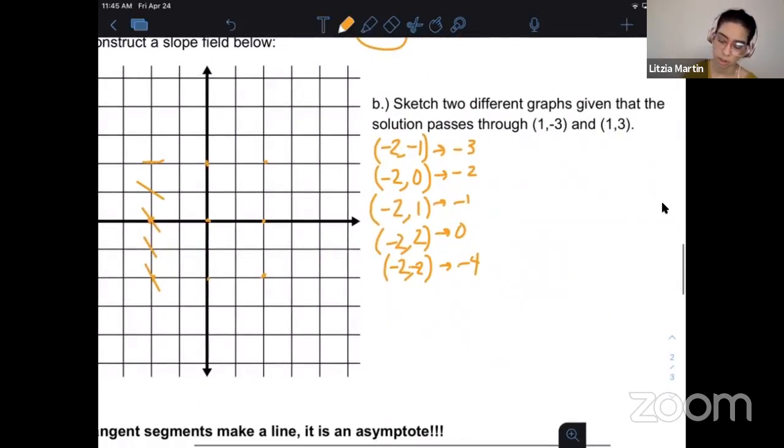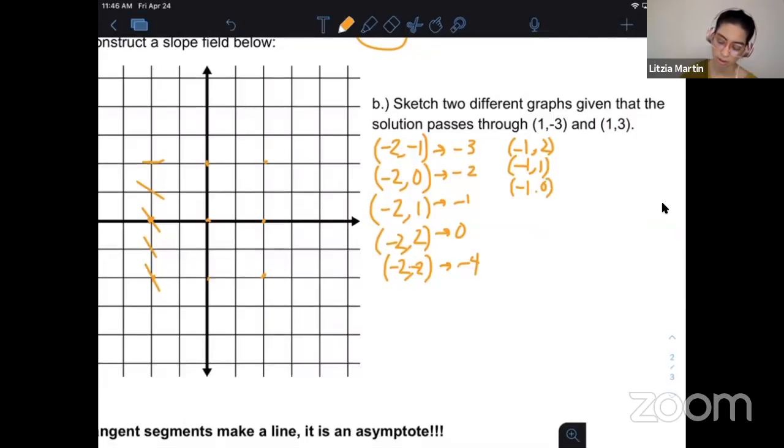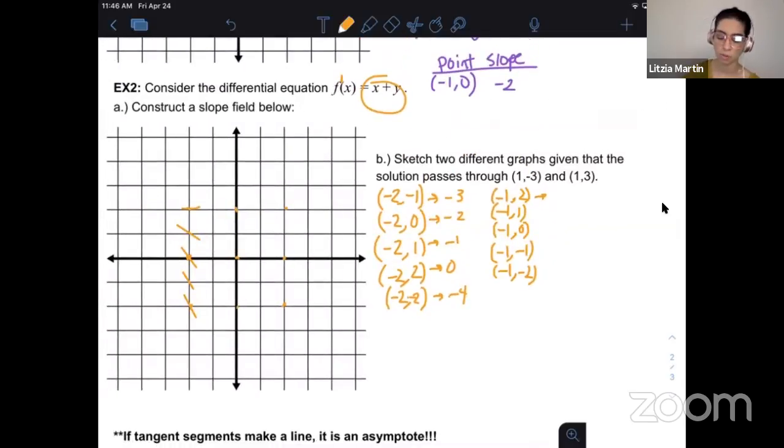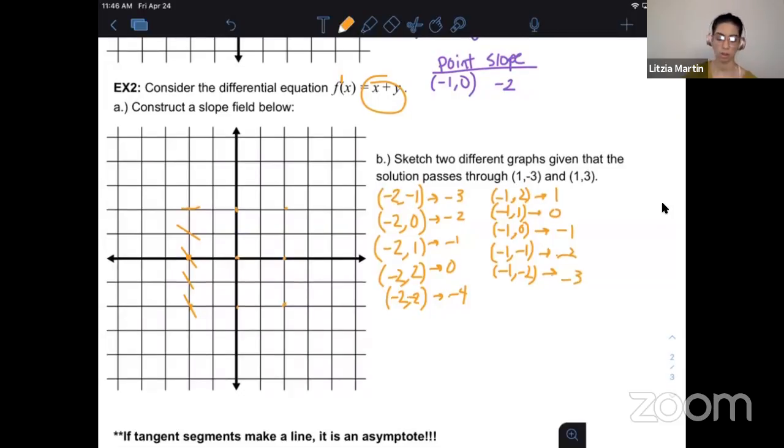So then let's jump over to -1. So we've got -1, 2, -1, 1, -1, 0, -1, -1, and -1, -2. So we plug these in. -1 plus 2 will be 1. -1 plus 1 is 0. Then -1, -2, and -3.